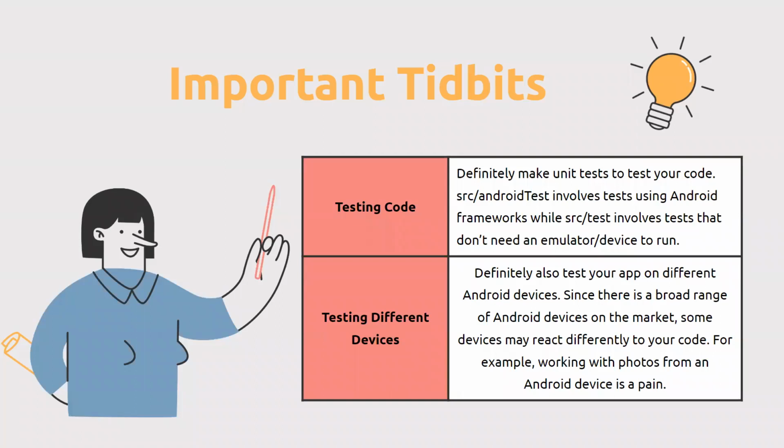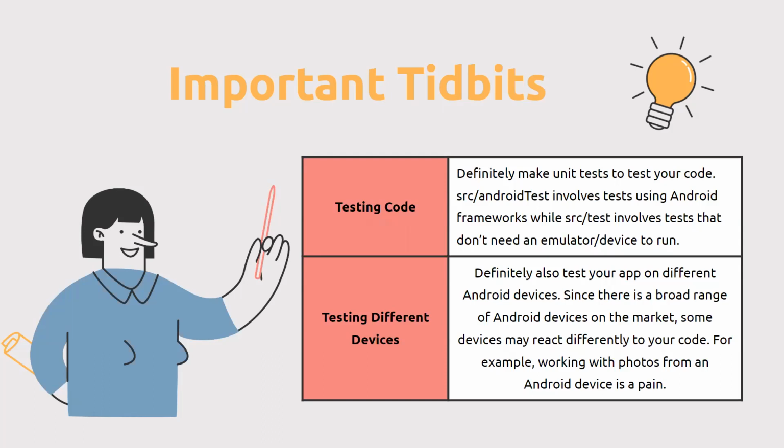You should definitely test on different devices because there's a super broad range of Android devices on the market. If you don't test on most of them, some of your app might look different on certain devices.